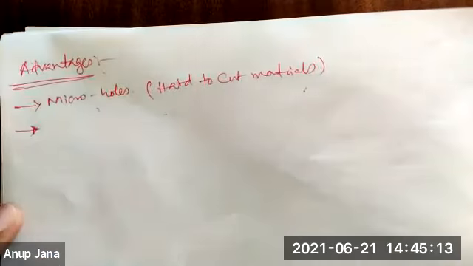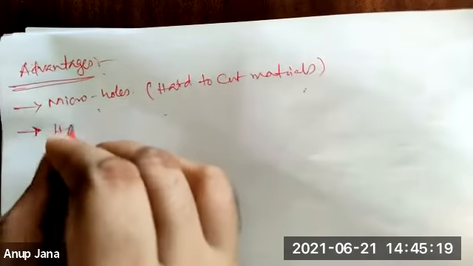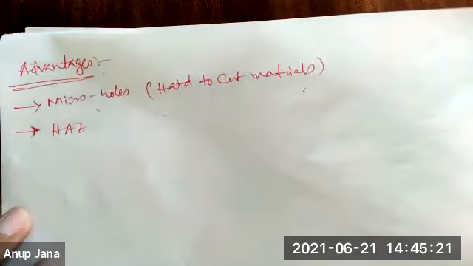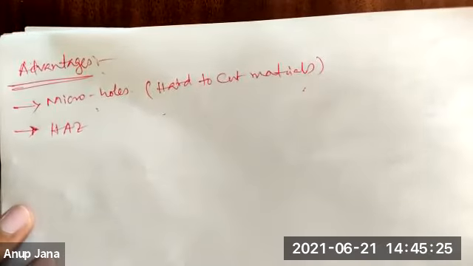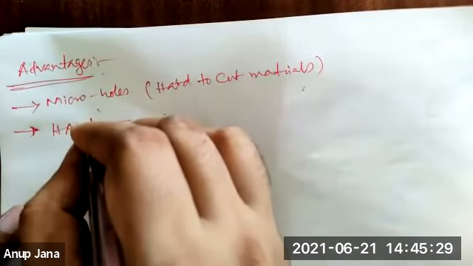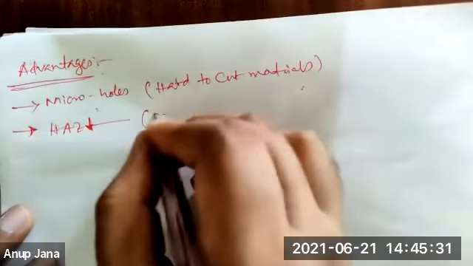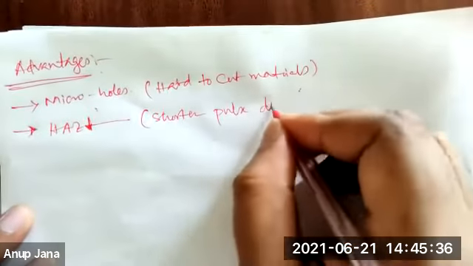Next, though laser processing is thermal processing, the heat affected zone (HAZ) is very less. The reason the heat affected zone is less is because of the shorter pulse duration.